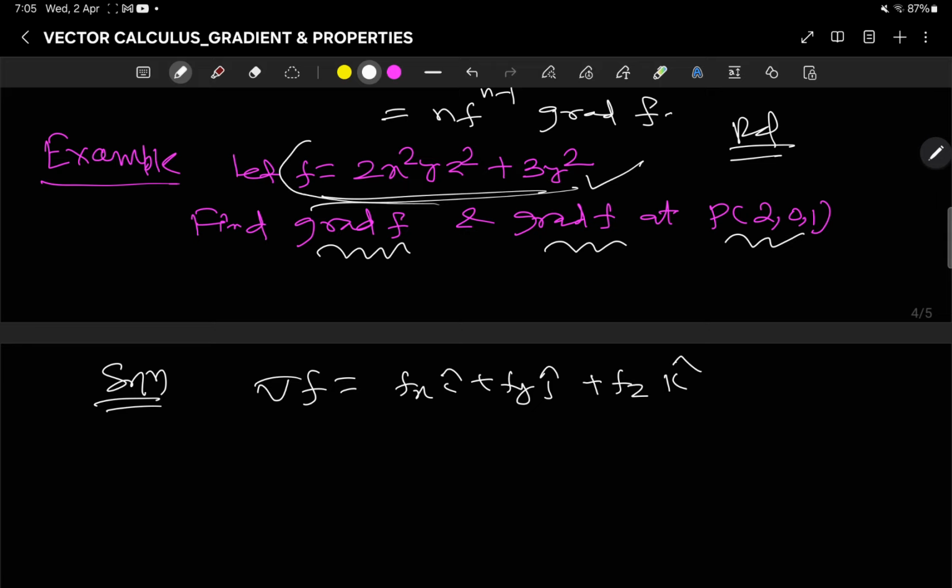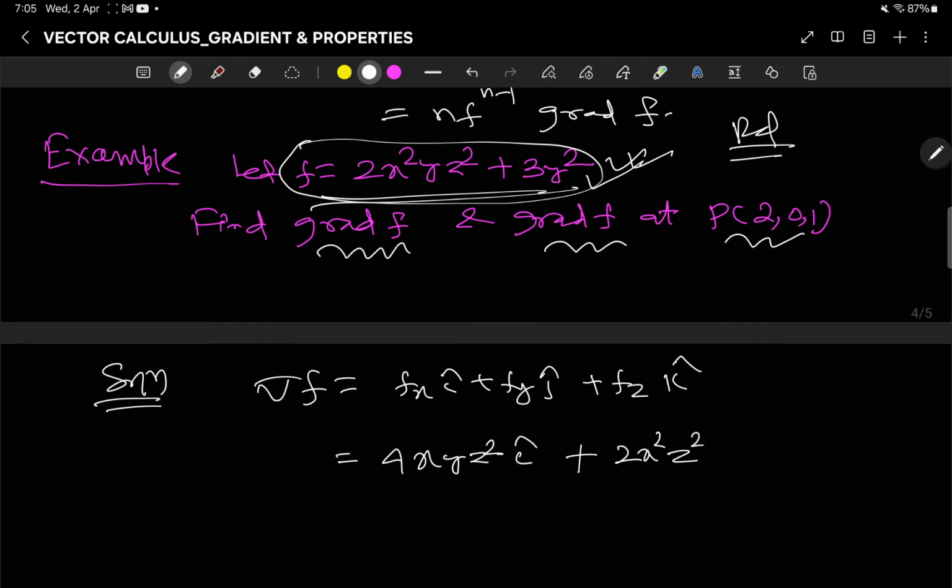Now partial derivative of f with respect to x is 4xyz square, this is i, and with respect to y it is 2x square z square plus 6y, j. Now again if we differentiate with respect to z, it will be 4x square yz, k.